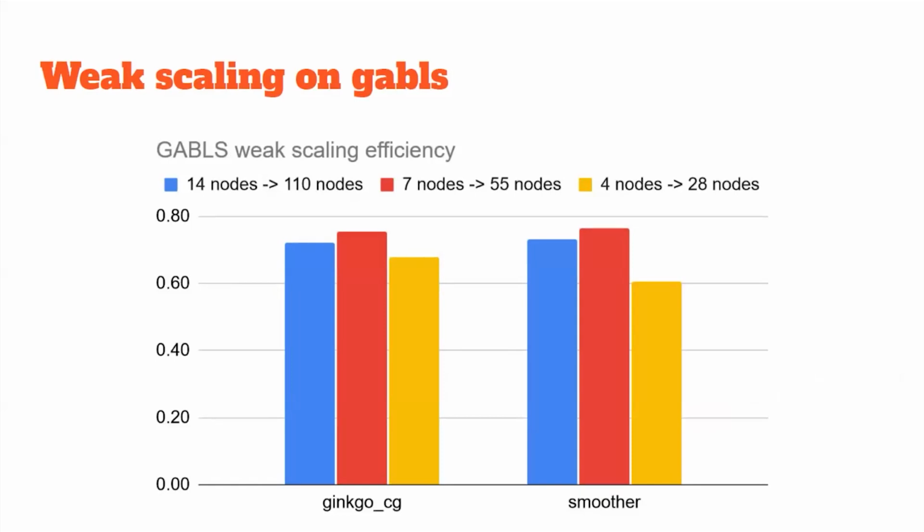And then we have the weak scaling efficiency here. Overall, it's quite similar, except for the small cases from 4 to 28 nodes, where the smoother is lower than the Ginkgo CG. But when you get enough nodes, you can expect similar weak scaling efficiency from NekRS and Ginkgo, roughly 70% weak scaling efficiency here.